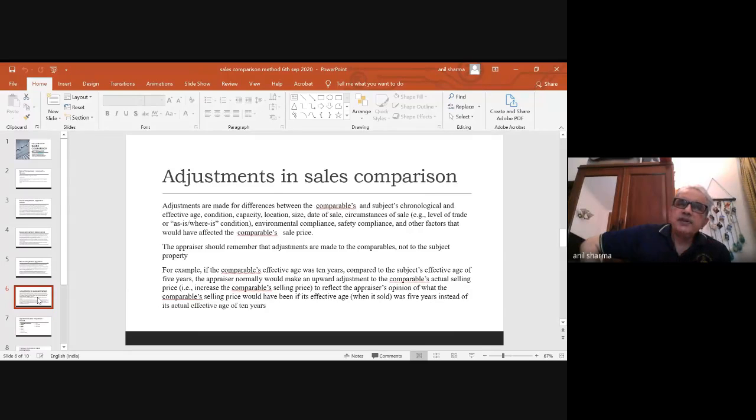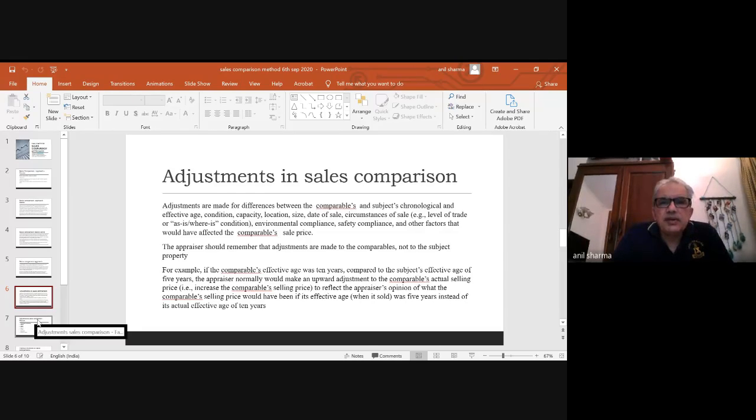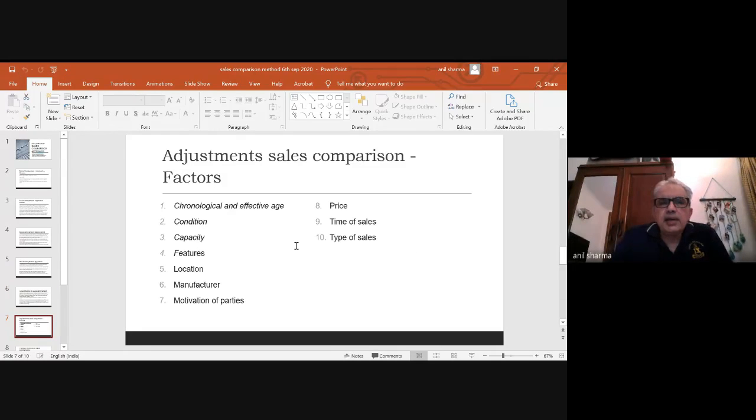So those kinds of adjustments, some may be difficult to adjust, in some cases maybe even difficult to adjust. So these are some of the criteria that you have to bear in mind, that the subject asset is 20 years old, but that one is 10 years old, right? So this is what the sales comparison would normally ask. I mean, there may be factors that you'll have to consider for adjustment.